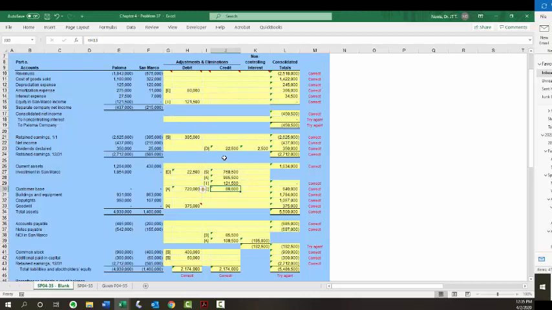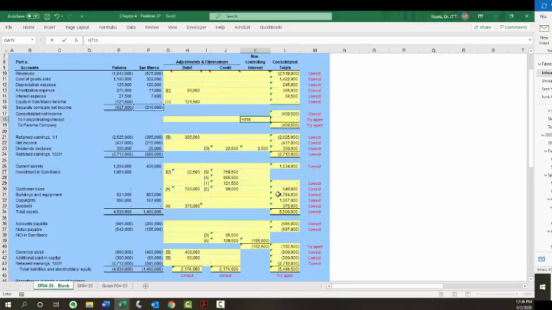That's the SADIE entries. The last thing you need to do is attribute consolidated net income to the non-controlling interest here. And what that is going to be is the income from the subsidiary, which is in cell F16, minus the amortization.